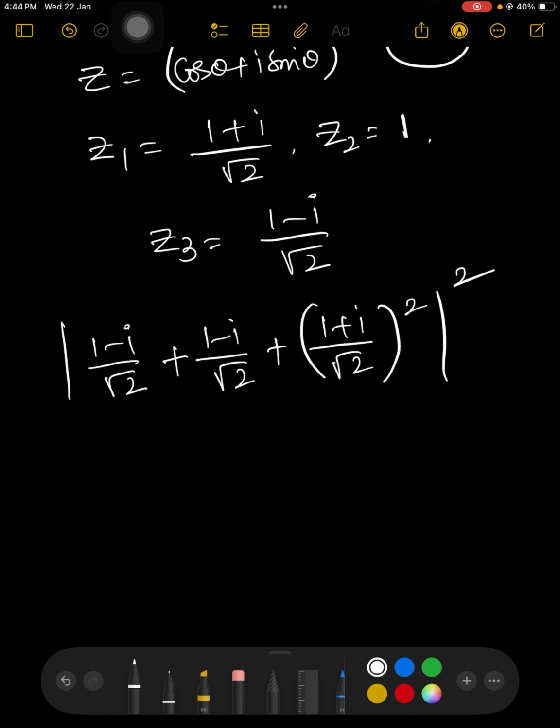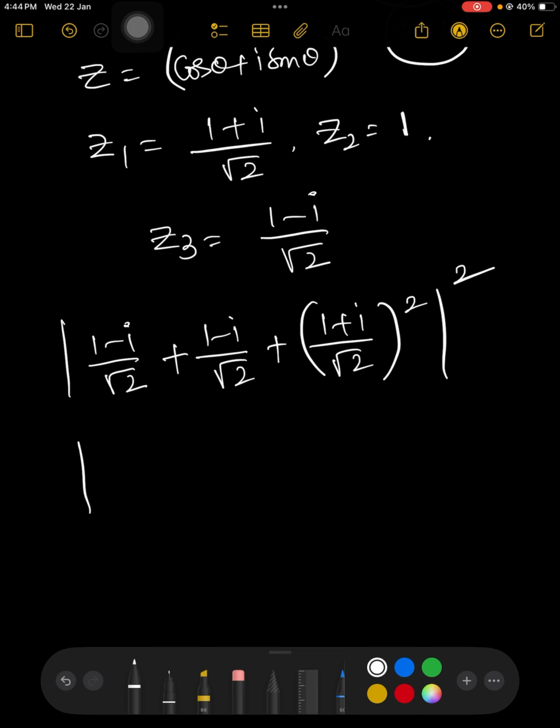Now in case of this 1 by root 2, 2 times of 1 minus, that is root 2 times of 1 minus i you will get, plus then 1 plus 1, i square is minus 1, cancel, 2i by 2, then what I will get is i square finally.